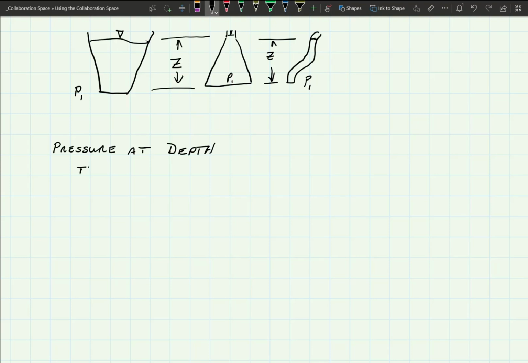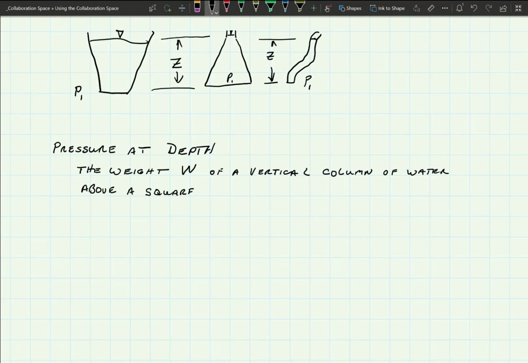All right, this is the... sorry, that's surface, not square.